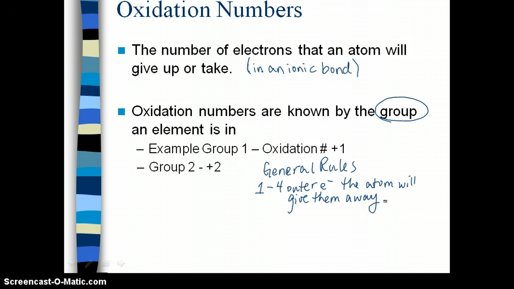And if they have 5, 6, or 7 outer electrons, the atom will take on electrons to get to a total of 8.